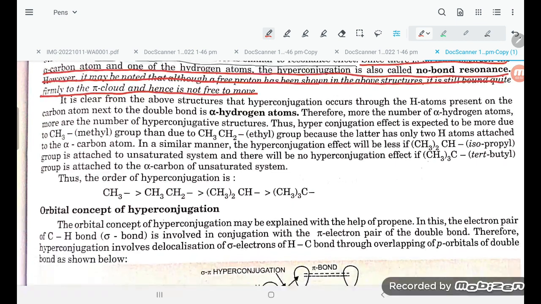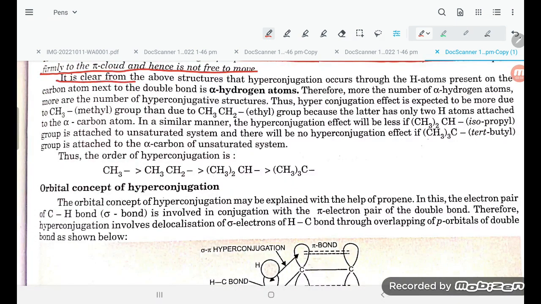Now let us go to the next statement. It is clear from the above structure that hyperconjugation occurs through the hydrogen atom present on the carbon atom next to the double bond, the alpha hydrogen atom.